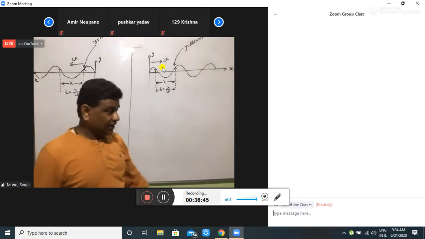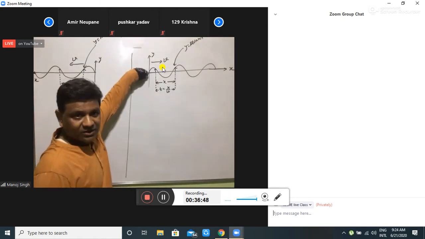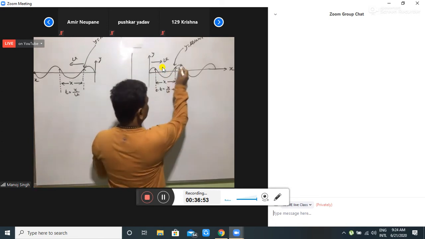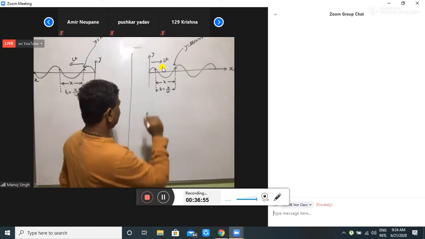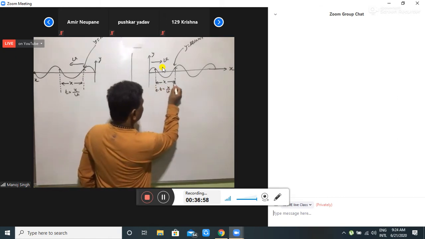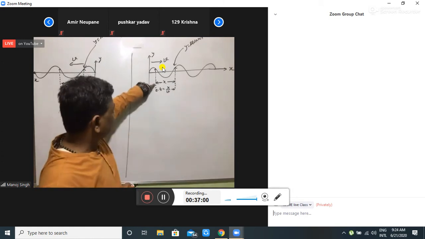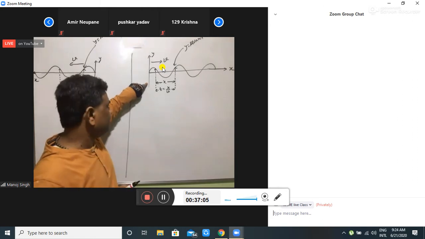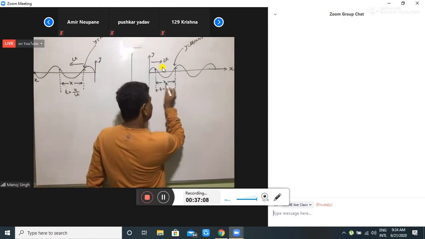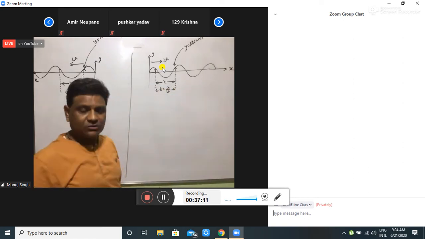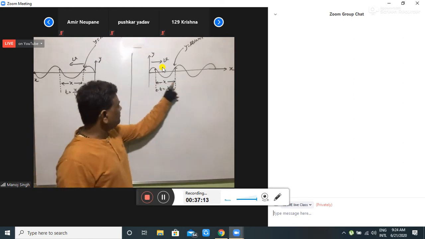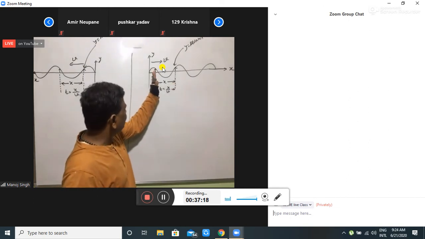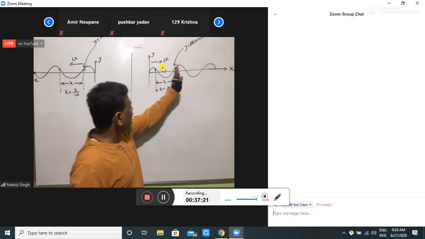Okay, listen carefully now. Whenever a disturbance is produced here, the wave will travel in this direction. When the wave is traveling, the distance is equal to x from this position; you can choose any point.